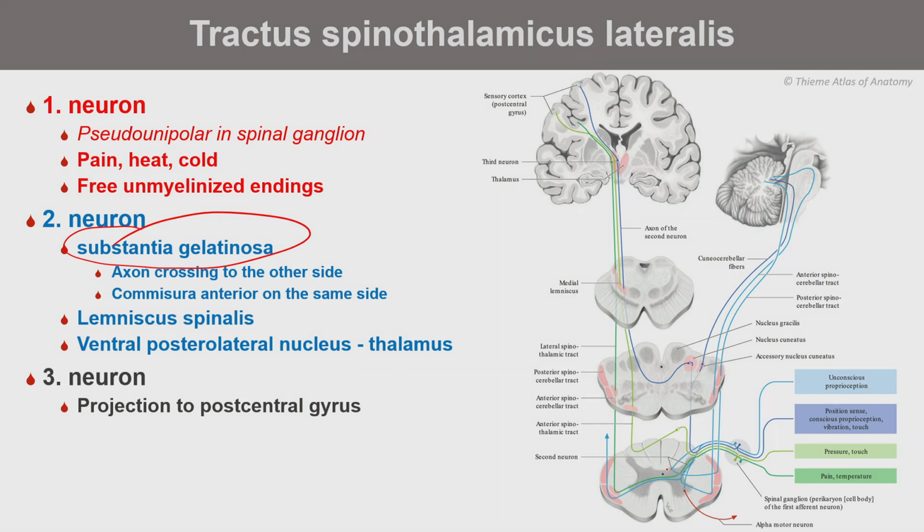So then from substantia gelatinosa the information is going again into the thalamus. This is a second neuron. And then the third is to the cortex. So projection to postcentral gyrus.